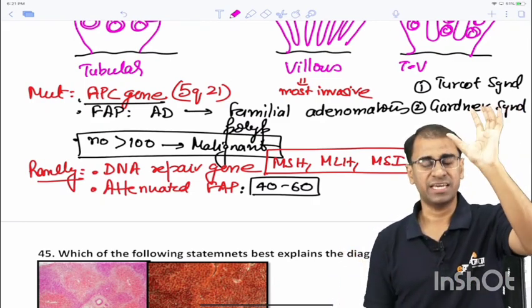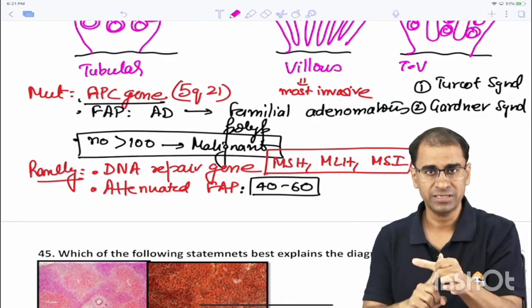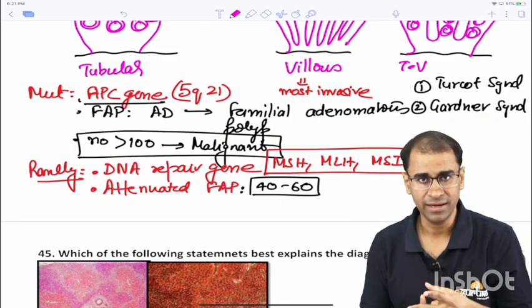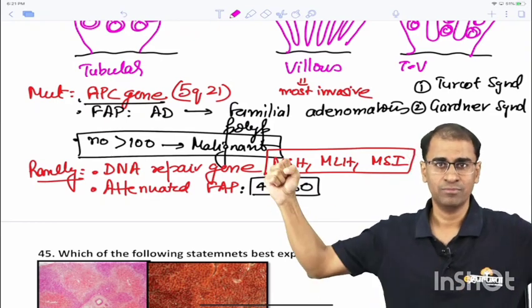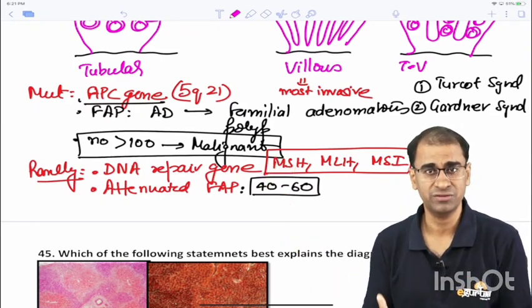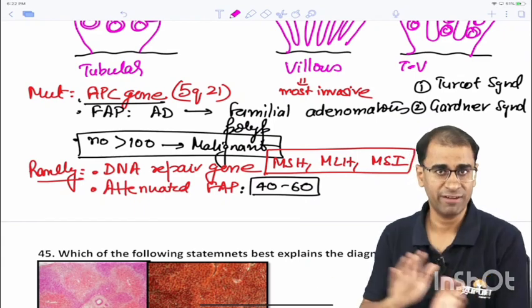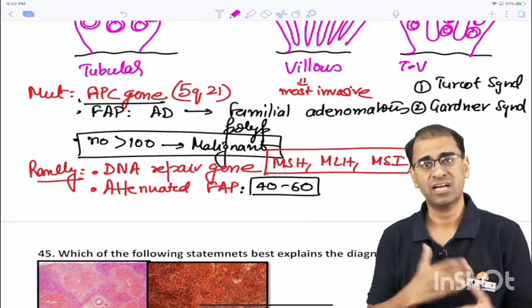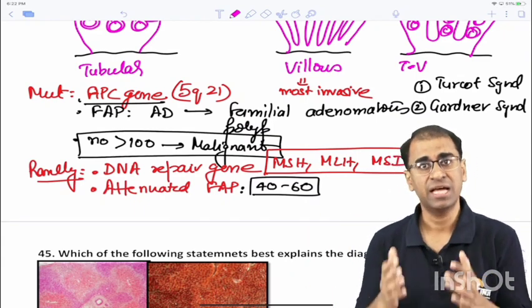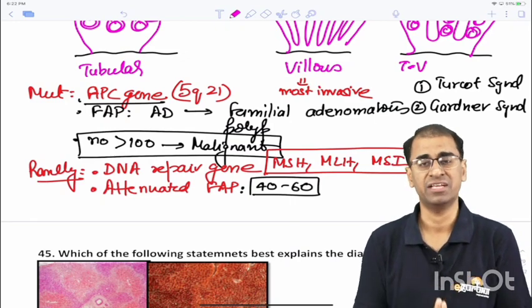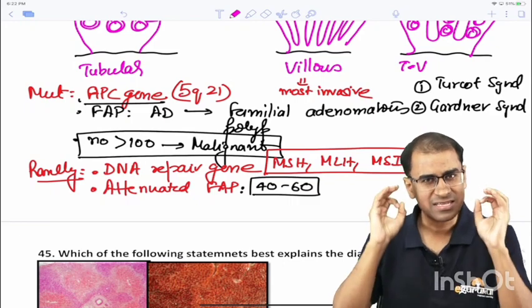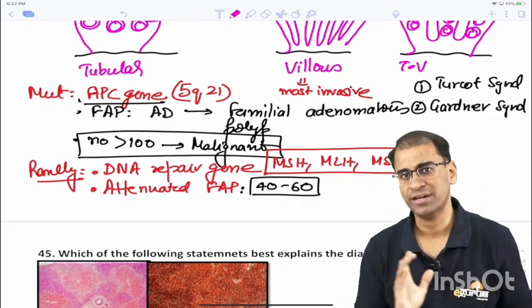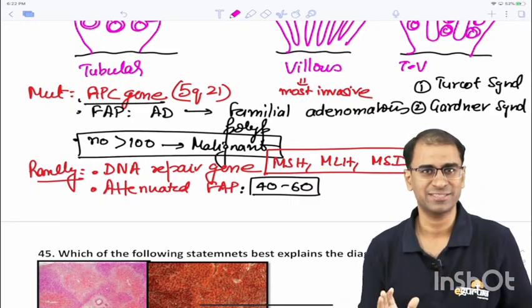Just close your eyes and say A, B, C: APC, beta catenin, then oncogene, BRAF, KRAS, and finally the policeman. Who is a policeman? P53. If present, no carcinoma. If absent, definitely carcinoma. And that carcinoma has telomerase activation and that can lead to a definite evidence of adenocarcinoma of the intestine. This is how you understand in simple words what is a colorectal carcinoma, colorectal polyps and everything else. Okay guys?